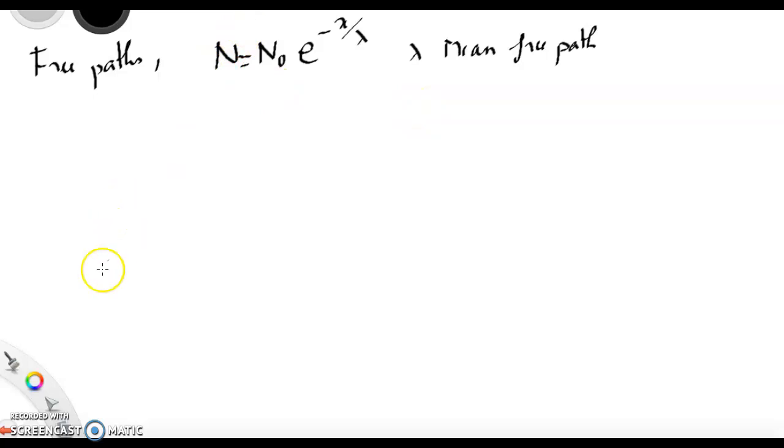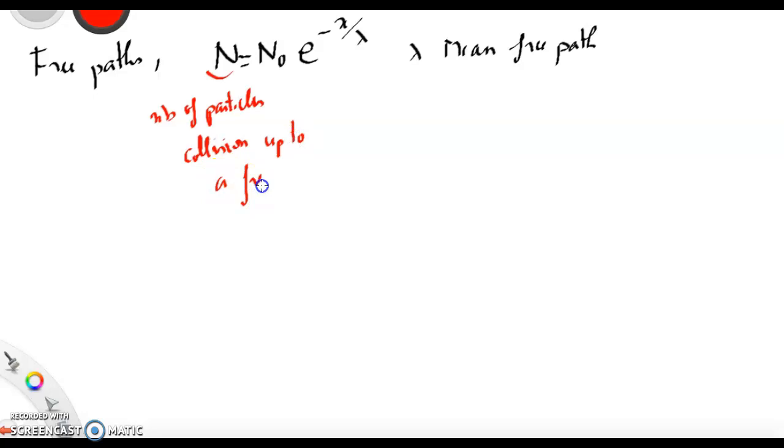Now, what is n? If you want to interpret that, n was the number of particles that undergo a collision up to a free travel x, and n0 is the total number of collisions.